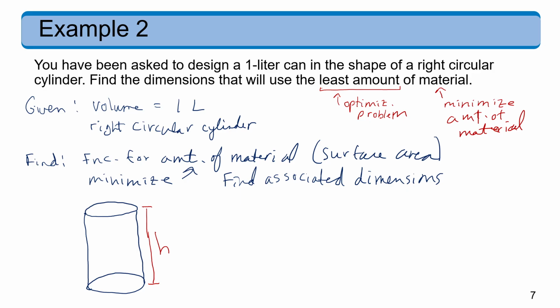And then the other thing we have to decide on is the radius of the circle that makes the base and also makes the top. I'll just label it up here at the top. That's our radius. So the dimensions we want to find are r and h. Now step 3 is to name the variables.